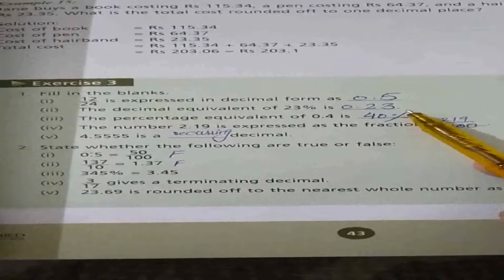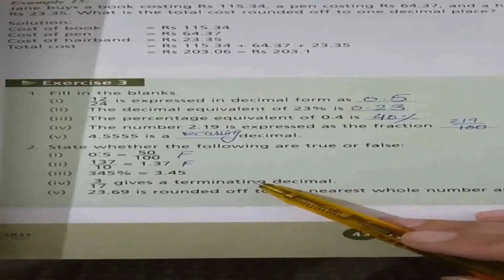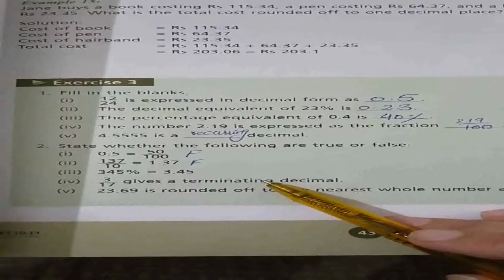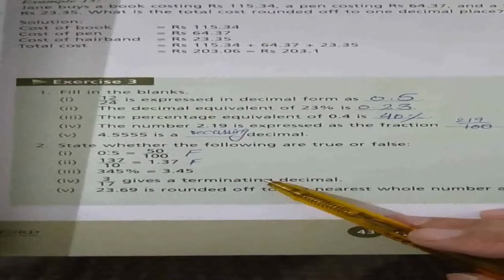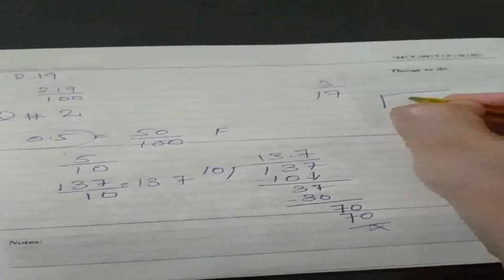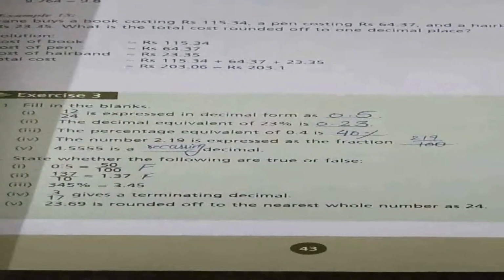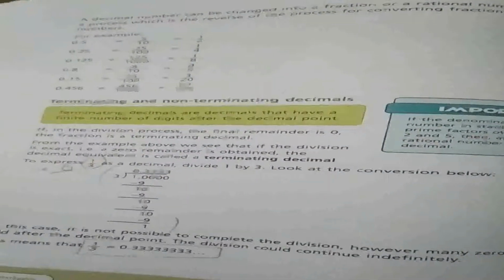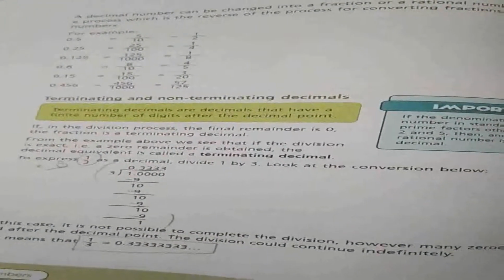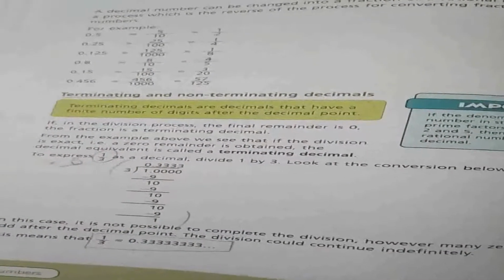And in true and false number 4, 3/17 is terminating or non-terminating. Just you have to divide 3/17 by putting numerator inside and denominator outside. We have studied before that terminating decimals are decimals that have a finite number of digits after the decimal point.